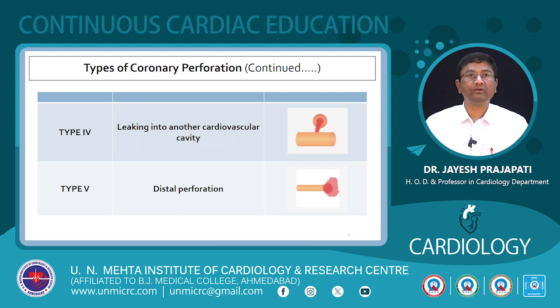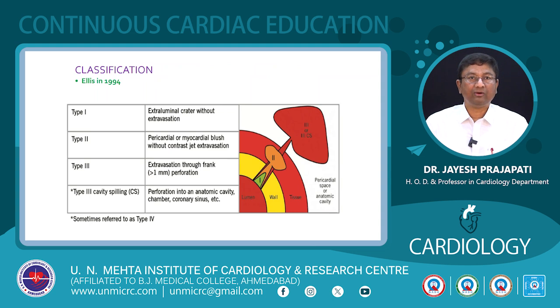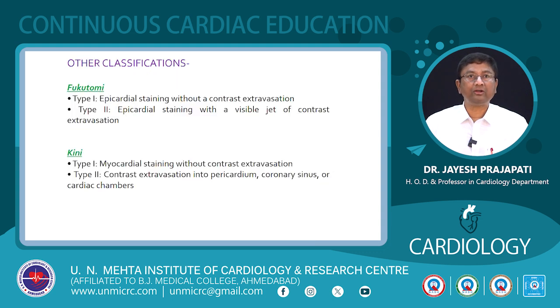Type 4 is leaking into another cardiovascular cavity, either the pericardium, sometimes the RA, RV or coronary sinus, or some of the chambers. And type 5 is a distal perforation, meaning wire induced perforation. I have explained these diagrammatically. Among them, types 3, 4 and 5 are the dangerous ones.